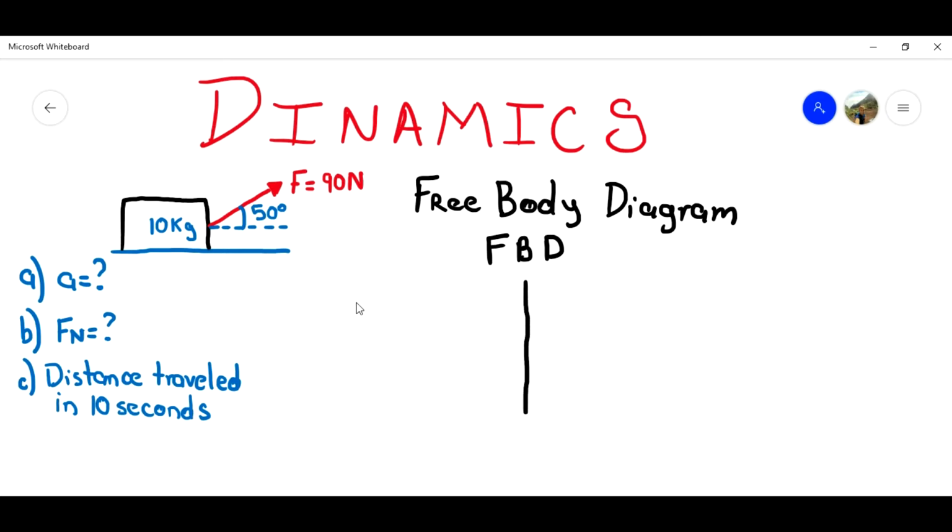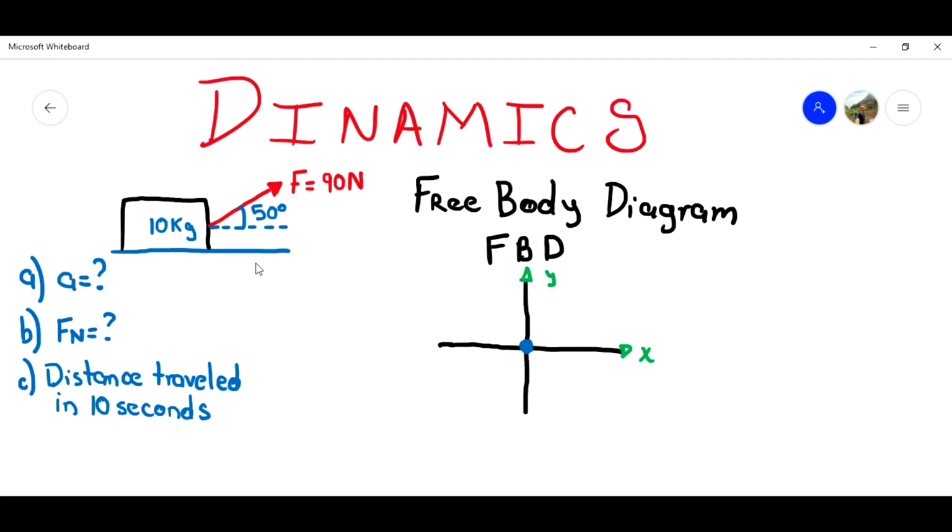Something like this. We're not going to write numbers, so it doesn't matter if it is kind of exact. Just to mention that this is the x-axis and this is the y-axis. Now in the middle, I'm going to draw a dot. This dot is going to represent the block.